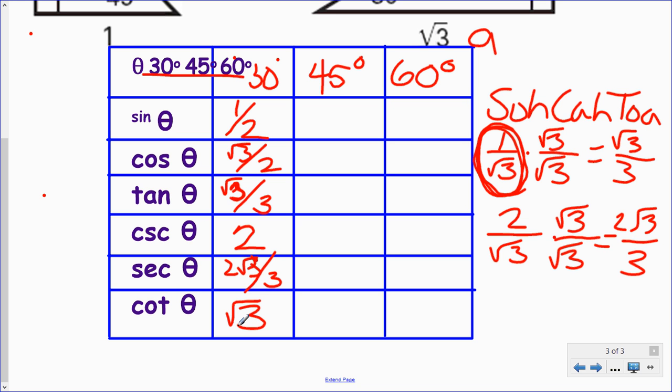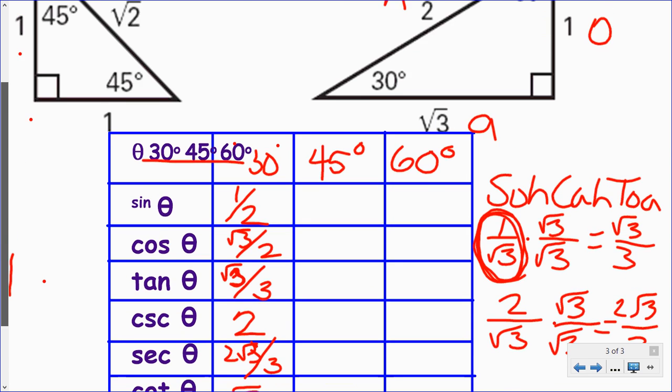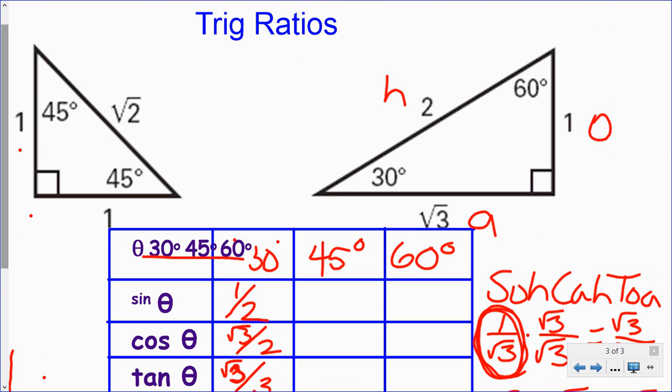Okay, now, let's go ahead and find the 6 trig ratios for the 60-degree angle, since we're on that same triangle. So if we switch to the 60-degree angle now, remember your opposite and adjacent are going to switch. So now square root of 3 is opposite and 1 is adjacent.